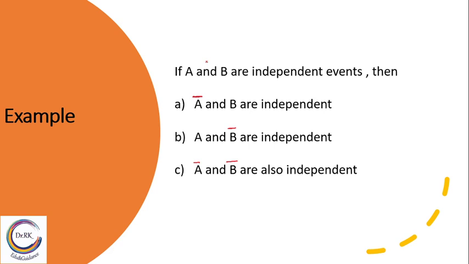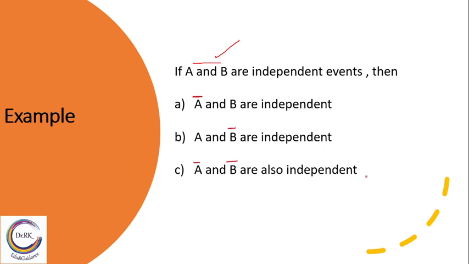That is, if A, B are independent events, then A complement and B are independent. Then the other one is A and B complement are independent, and the other one is A complement as well as B complement are also independent. Right? So these are the three.